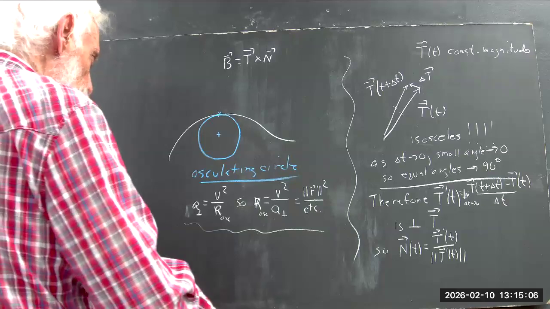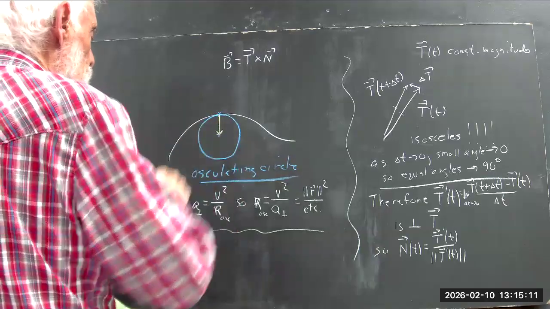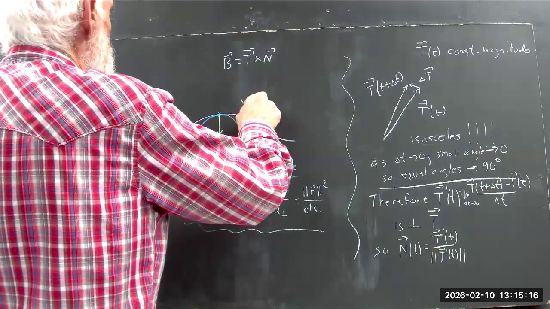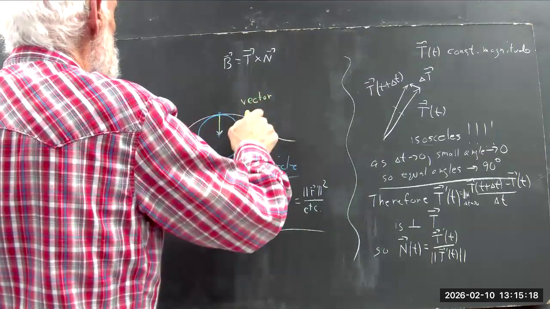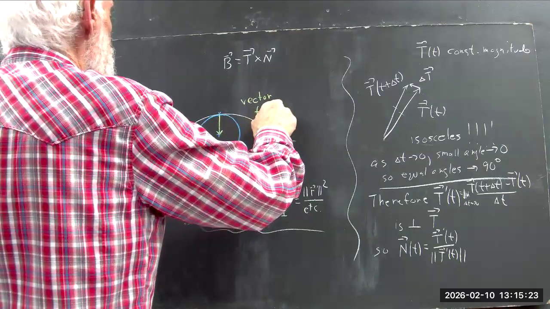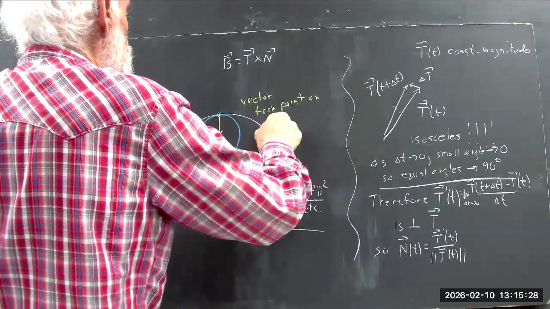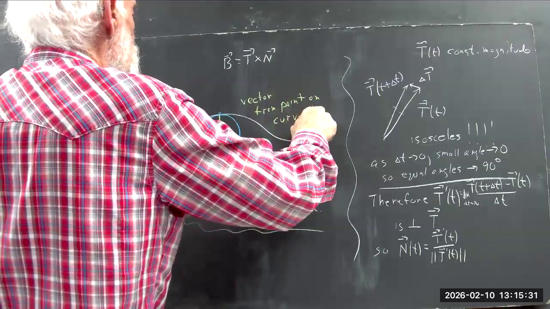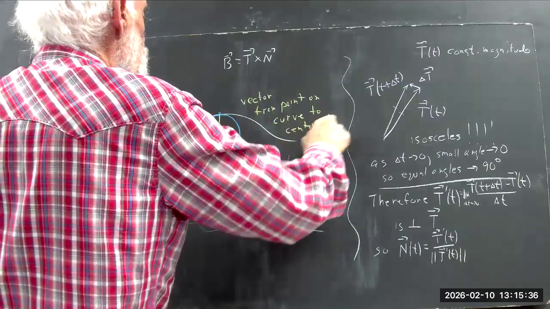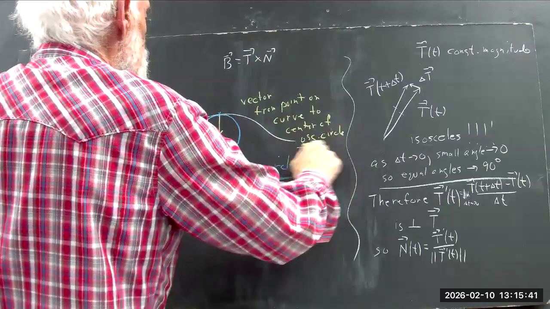Well, we want to get this vector, which is a vector from the point on the curve to the center of the osculating circle.